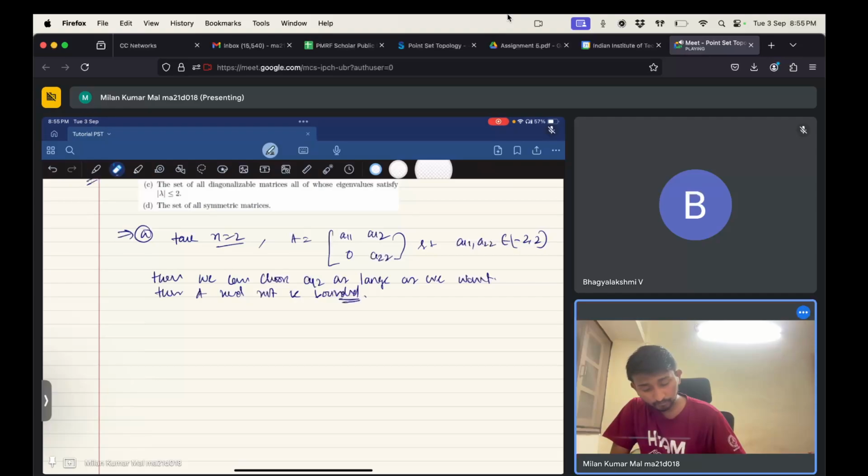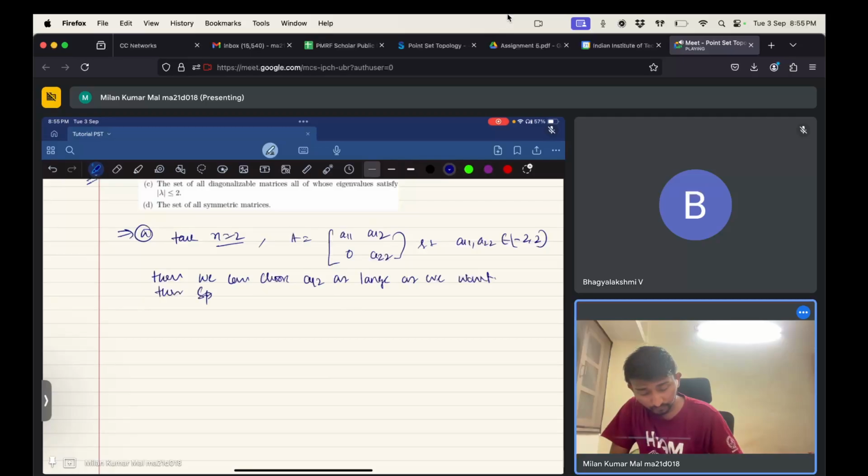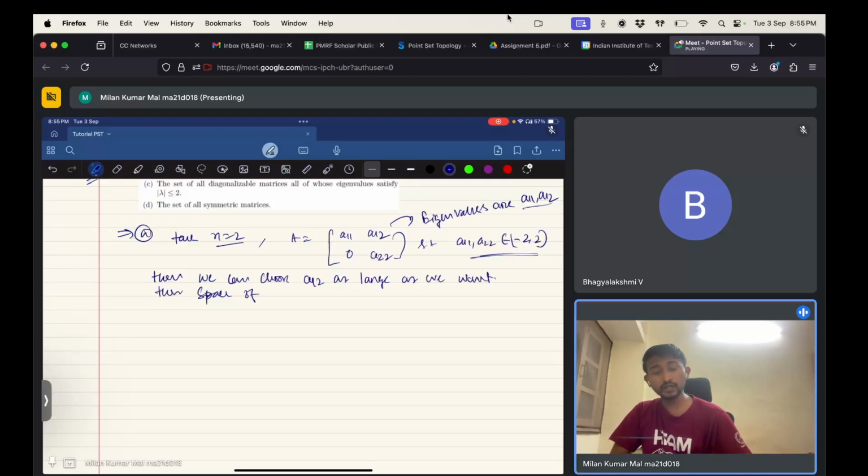Here all eigenvalues are a11, a22, so a11 and a22 lie in the closed interval minus 2 to 2.